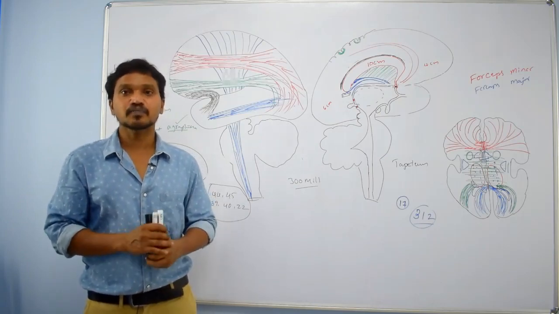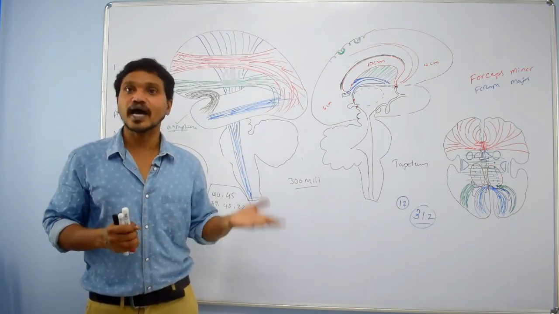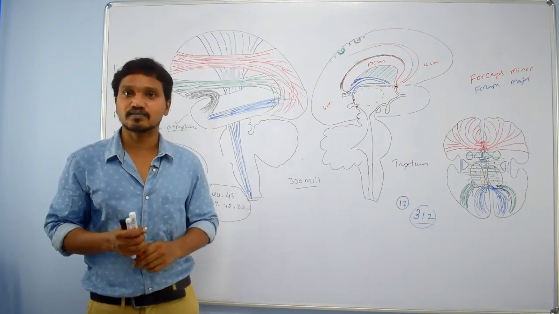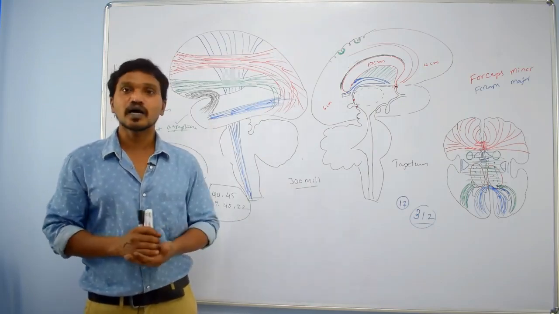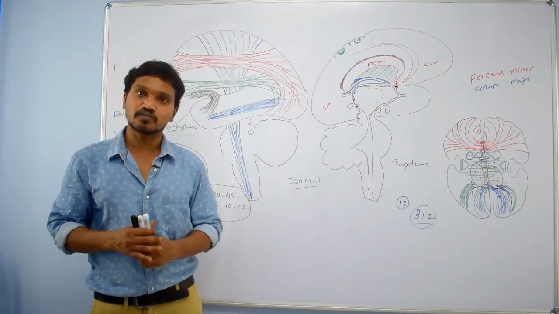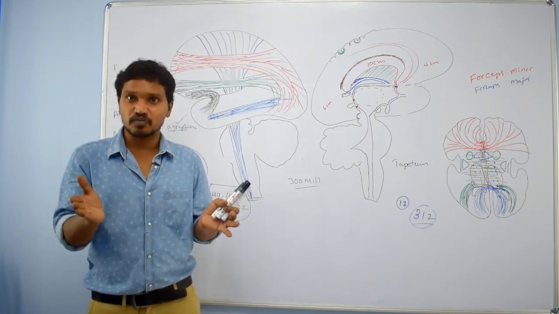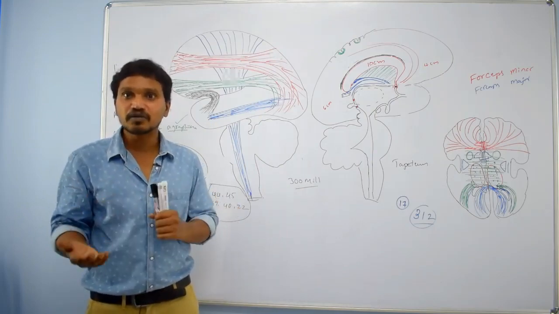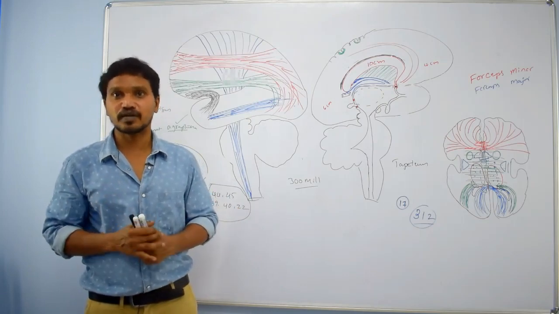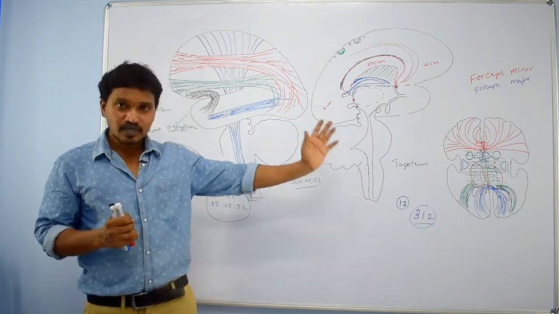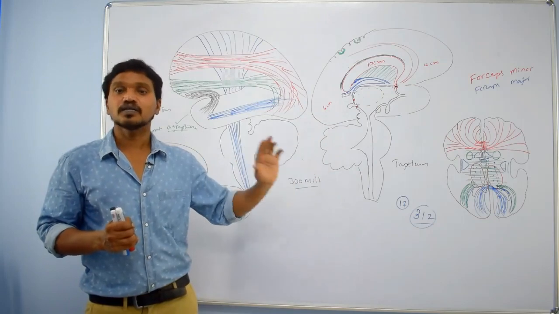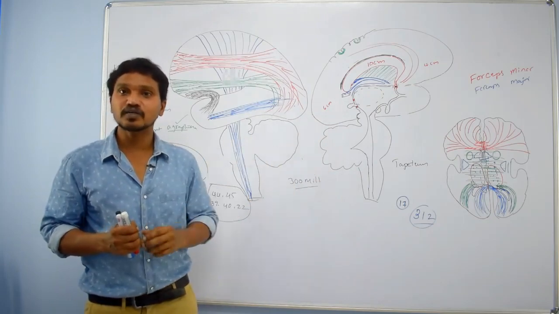At that time, the person behaves as if he has two brains. That syndrome we call double brain syndrome or split brain syndrome. We can also call it twin brain syndrome, whatever. That particular person behaves as if he has two brains.